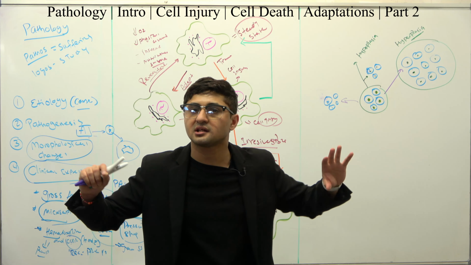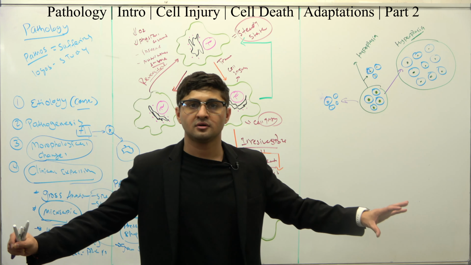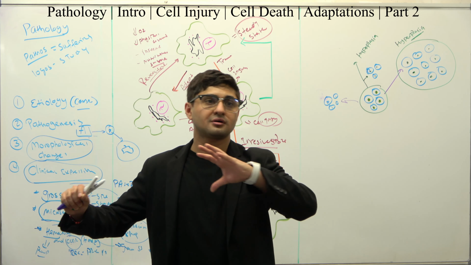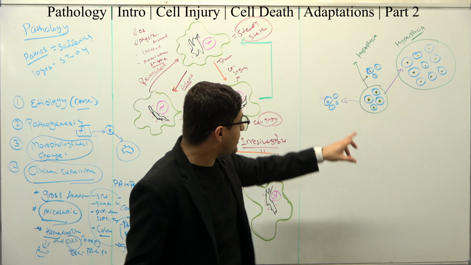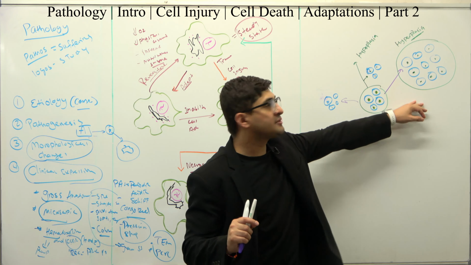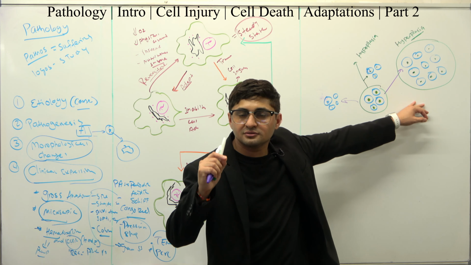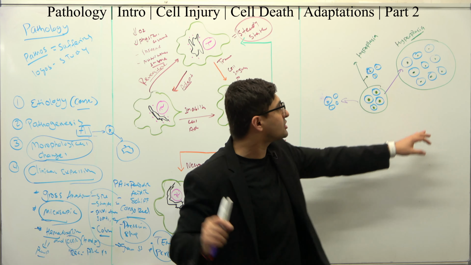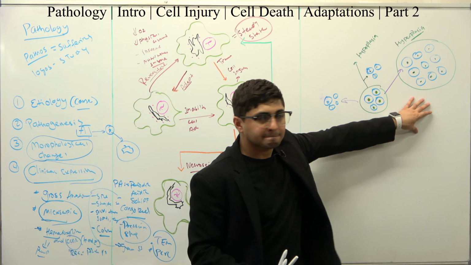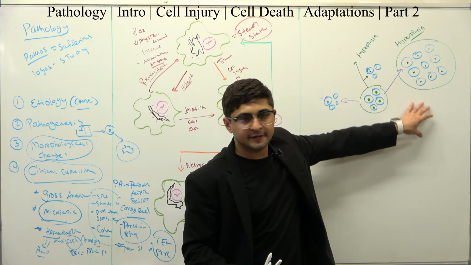That is what aplasia means, all right? So whenever there's aplasia, there's no growth or there's absence of cell growth. Hypoplasia is a decrease in the numbers of cells. Hyperplasia basically means there's an increase in growth, in the numbers of the cells, that increases the size of the organ, all right?